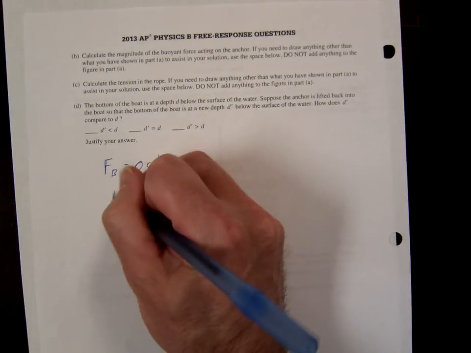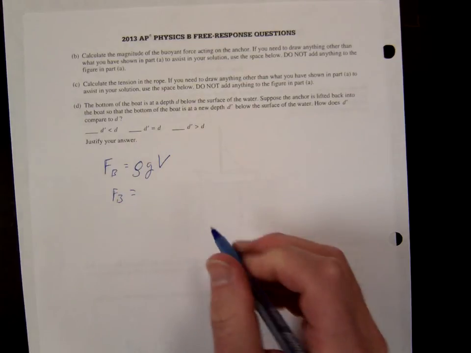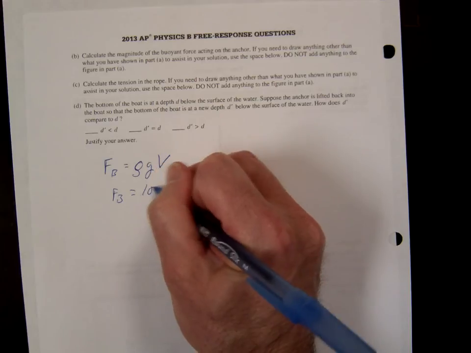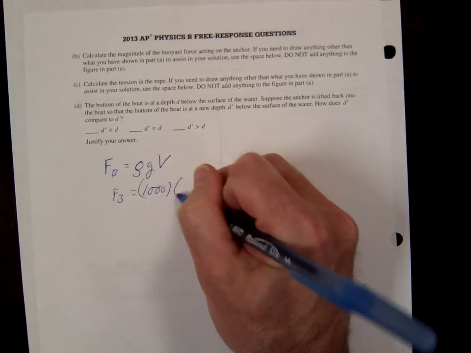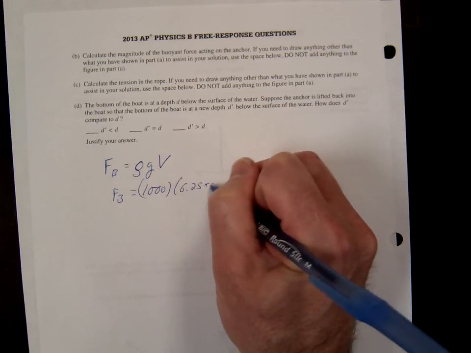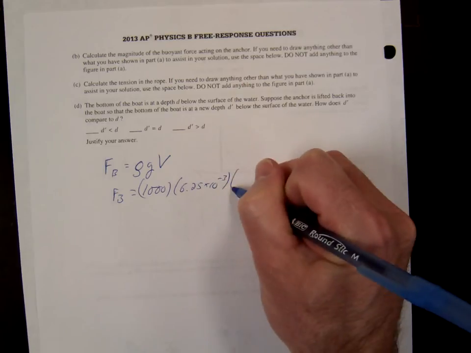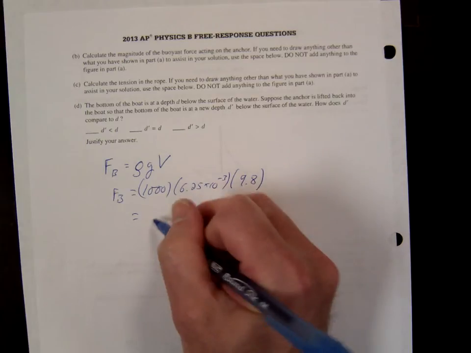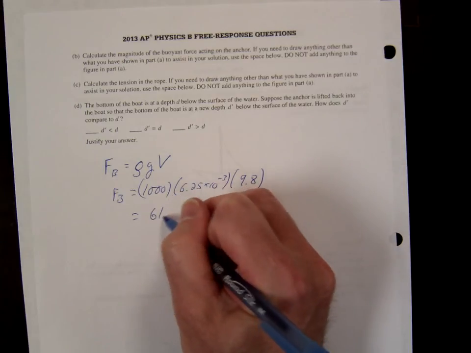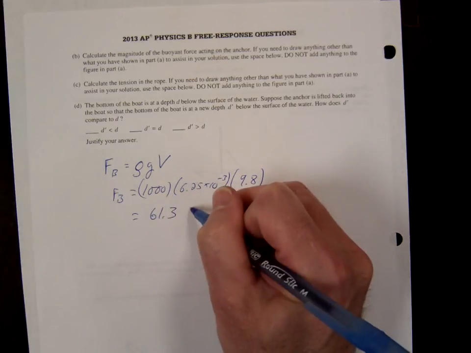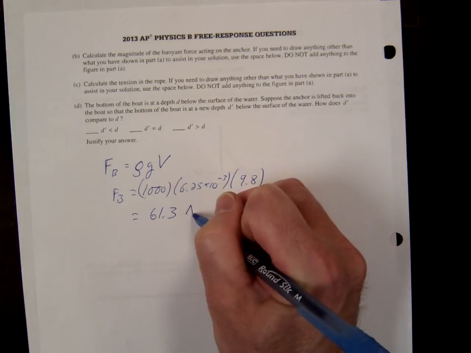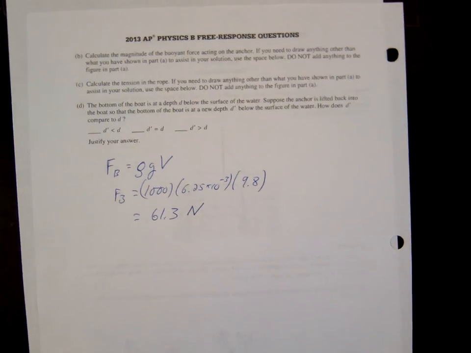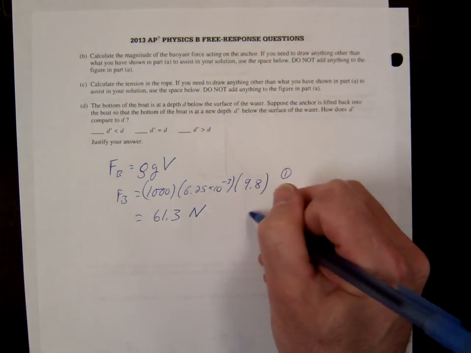So FB equals 1,000 times 6.25 times 10 to the negative third times 9.8 equals 61.3. What's the units? Newtons. So this is worth 2 points, basically 1 for this and 1 for the answer.